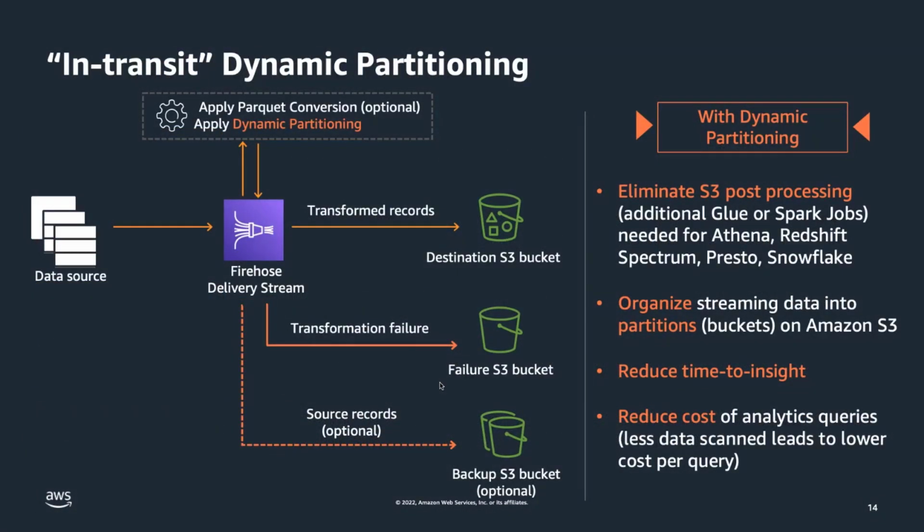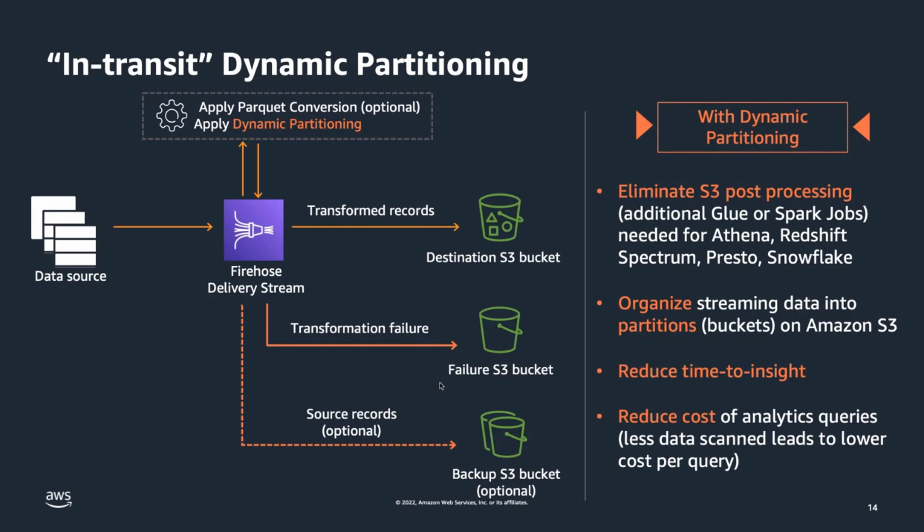With dynamic partitioning, you get a lot of benefits. You eliminate S3 post-processing. So if you don't do it in transit on the fly from Firehose or from your streaming platform, then you have to wait for the traffic to reach S3. And after that, you're going to run a Glue or Spark job, an additional ETL service, to get your data repartitioned in S3.